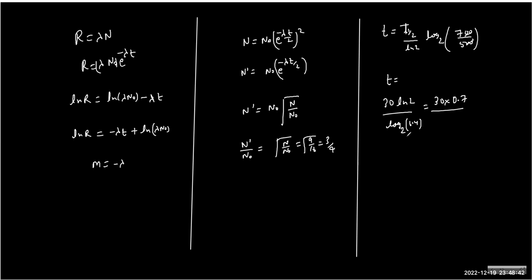And 2 power something is 1, so this is roughly 1, close to 1, less than 1 actually. Because this is less than 1, the answer is more than 21 minutes, slightly. No, 20 minutes.